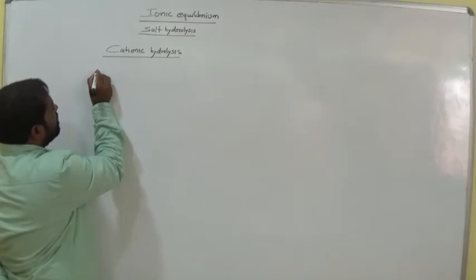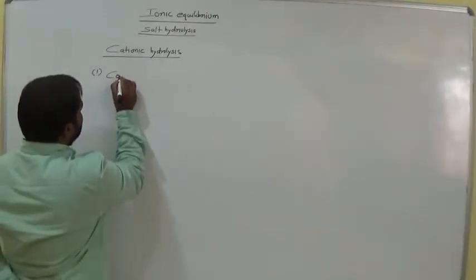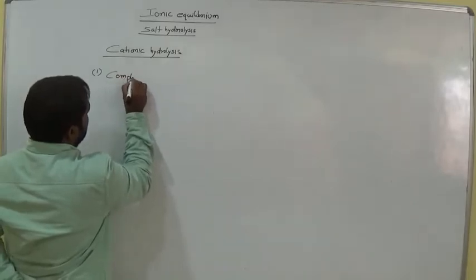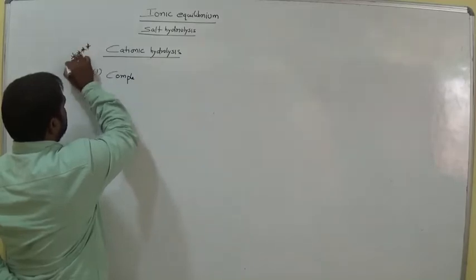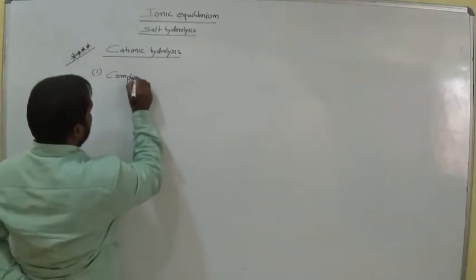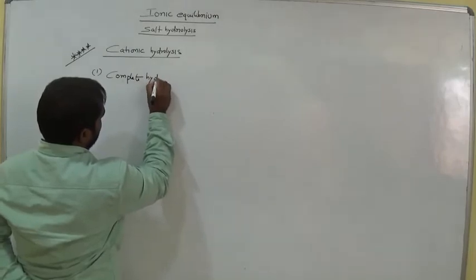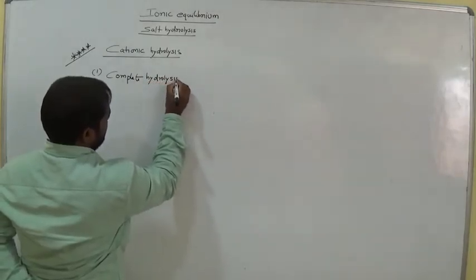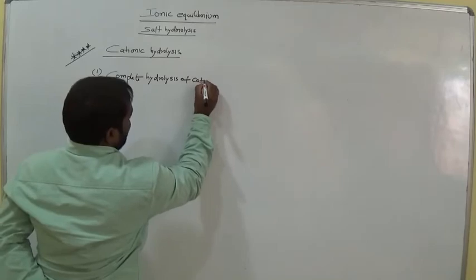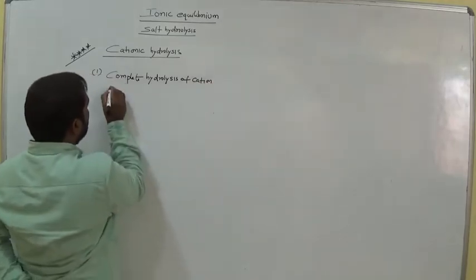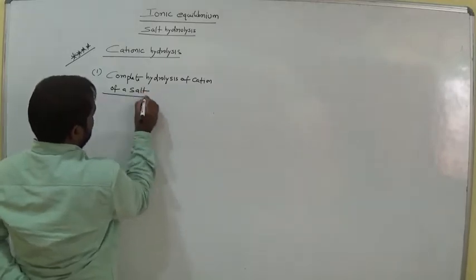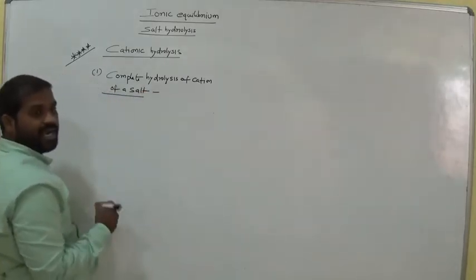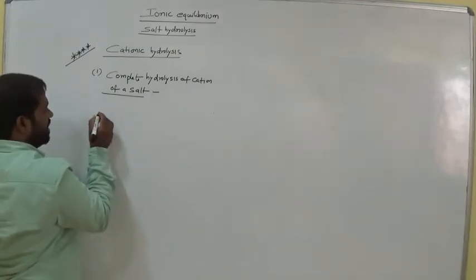In that, the first one is complete hydrolysis of a cation of a salt. Complete hydrolysis. Let's see.